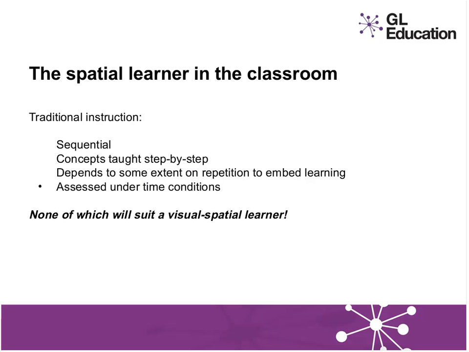And spatial learners particularly I find personally really interesting in the classroom because the way that they tend to respond is interesting, and it doesn't tend to fit with traditional instruction. So traditional instruction in the classroom is obviously very sequential, concepts tend to be taught step by step, depends to some extent on repetition to embed that learning, and might be that assessments are made under time conditions.